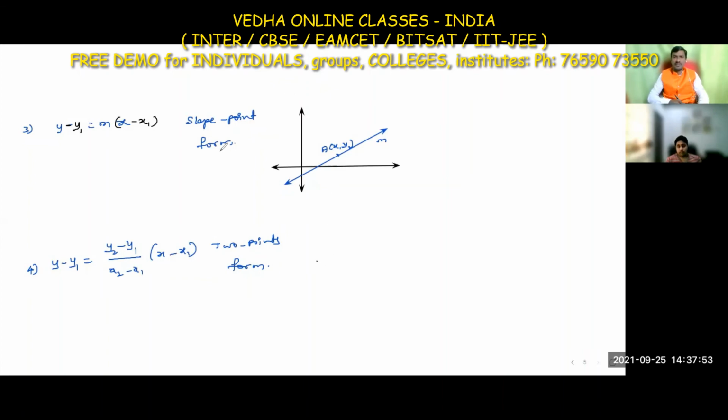I am now taking the x-axis and y-axis. We use this formula when we know the two points. What are the two points here? One point is A (x1, y1), and the other point is B (x2, y2).